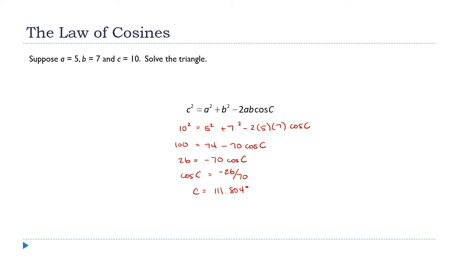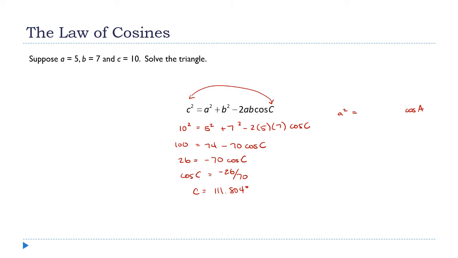Okay, so how do I find the second angle? Well, pick one first. Pick one to try to find. I'm going to go for angle A, right? Which means I need the cosine of A in my formula, right? Which means A squared has to be over here on the other side, right? Because the angle and the side are kind of on opposite sides of the equation.